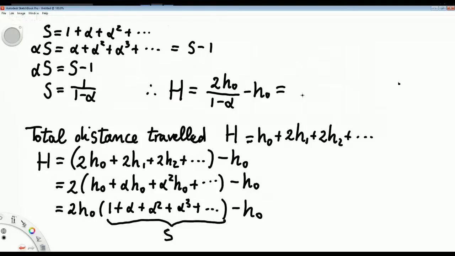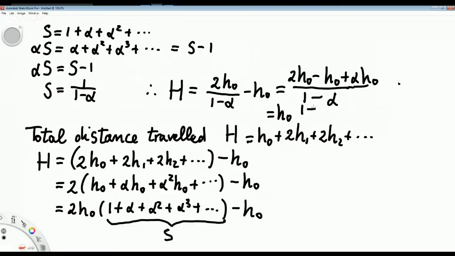Tidying this up a bit, we end up with 2h naught minus h naught plus alpha h naught, which gives us just h naught into 1 plus alpha over 1 minus alpha. Okay, so this is the total distance traveled over the entire process.